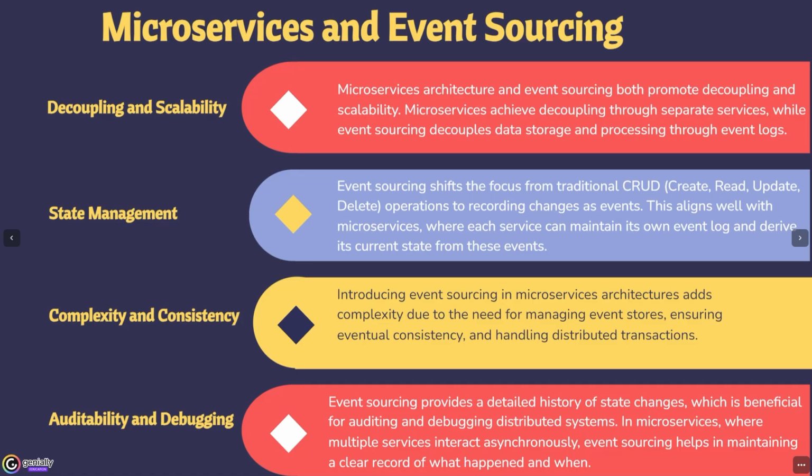Next, state management. Event sourcing shifts the focus from traditional CRUD operations to recording changes as events. This aligns well with microservices, where each service can maintain its own event log and derive its current state from these events.